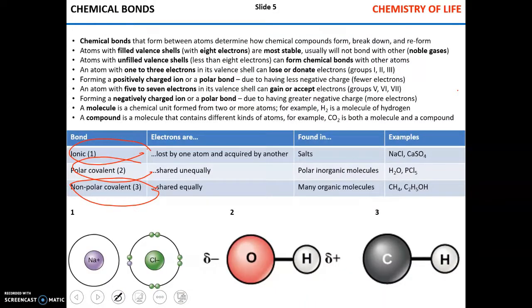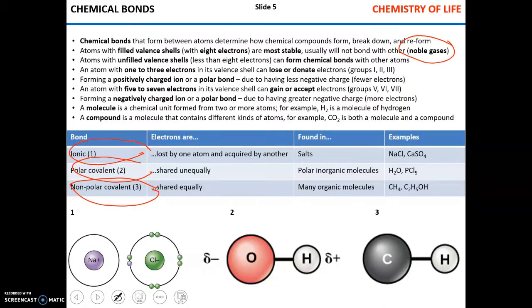So atoms with filled valence shells, atoms that contain 8 electrons on their valence shells, are the most stable, and they do not form bonds with others. That would be noble gases like argon or neon. Atoms that have their valence shells unfilled can form chemical bonds, obviously.